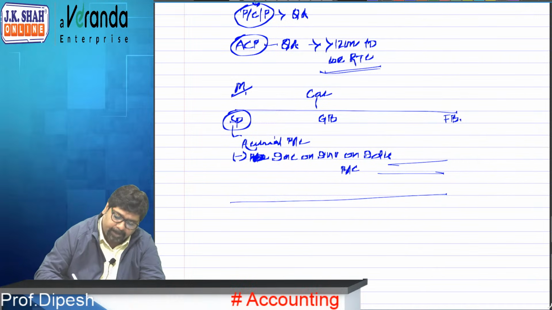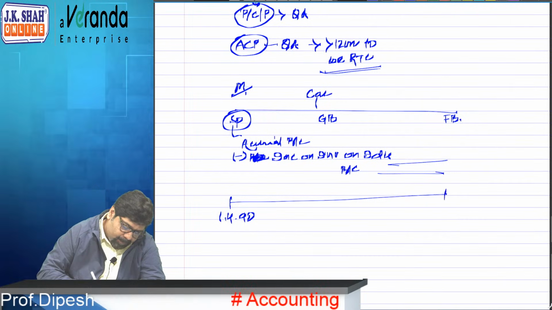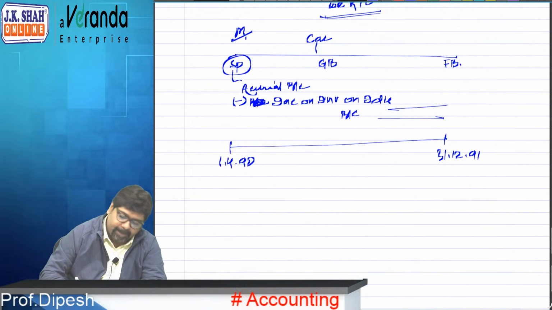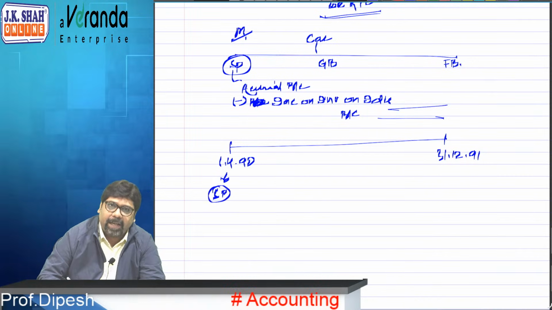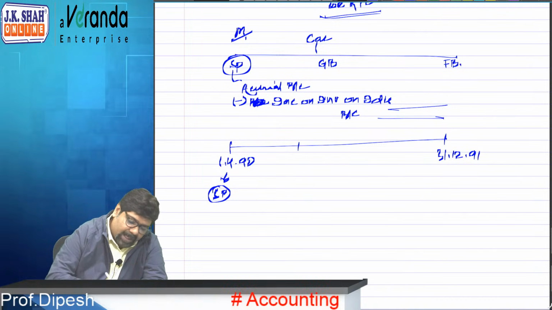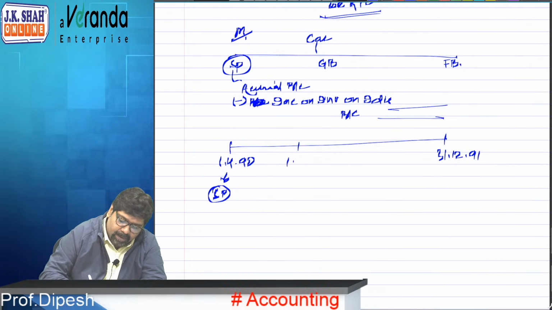Let's understand. 1/4/90 my year starts. 31st December 91 my year ends. I took a loan on this date. Specific borrowings I took it on 1/4/90. I started using the loan from 1/7/90.